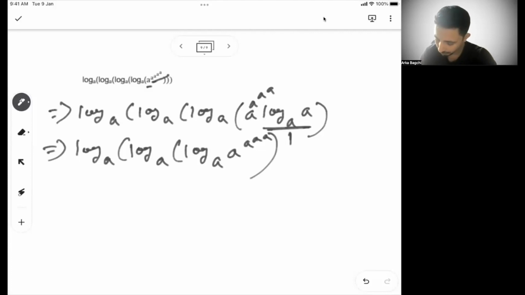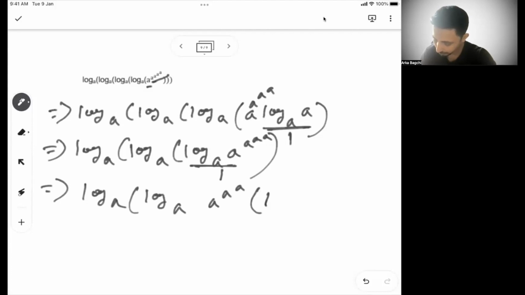So again, if I keep this term as 1, then A will come out, log of A, and then I have A to the power A, and in between I have log of A base A. So this will be 1, so that's taken care of.